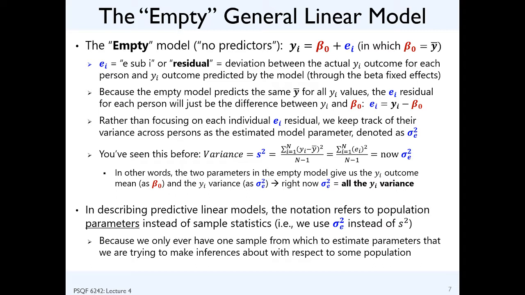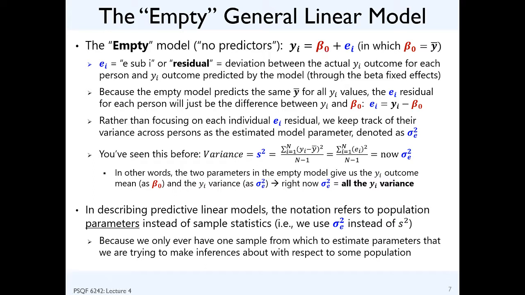So I told you no new concepts, right? Just new vocabulary and new symbols. So all this is doing is spitting back the variable's mean and the variance of the e's. So this model has two parameters.